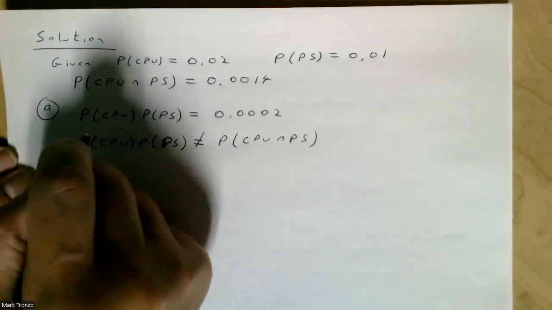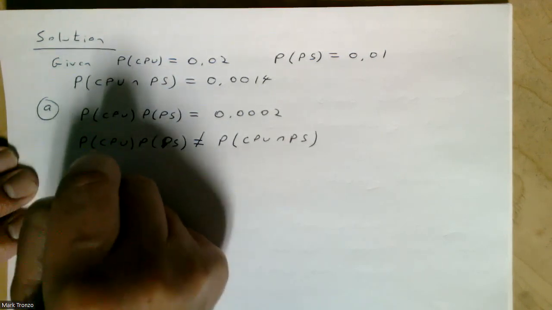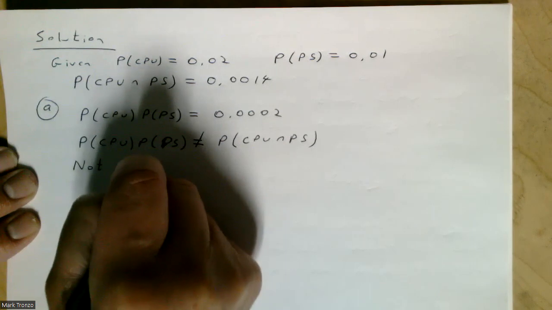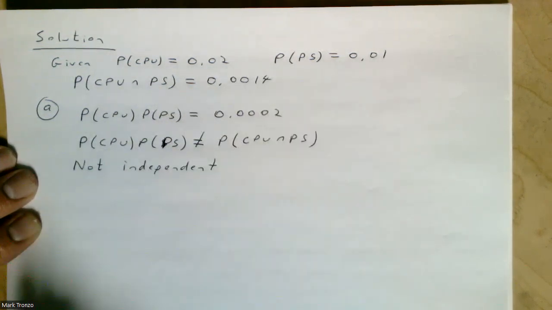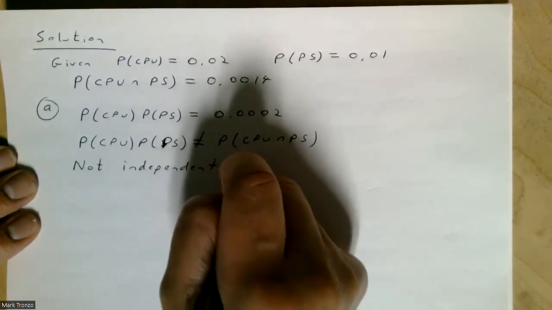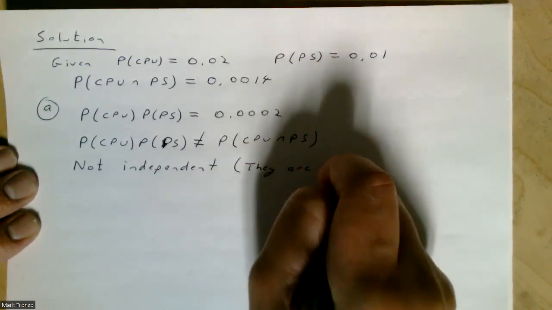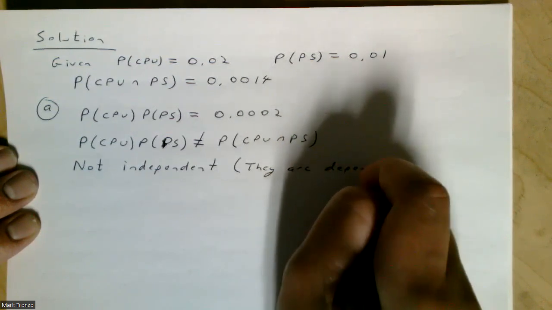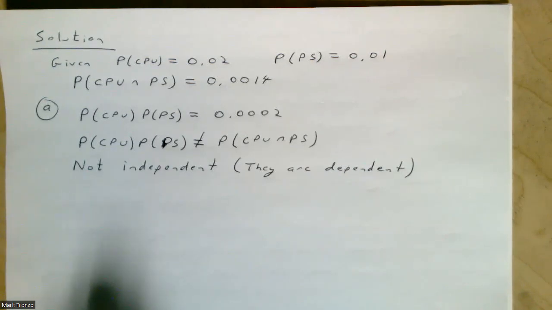So they are not independent. Of course, what that means is they are dependent. So the probability of one failing will change the probability of the other failing.